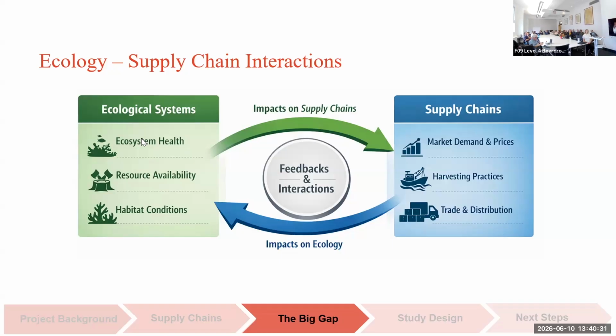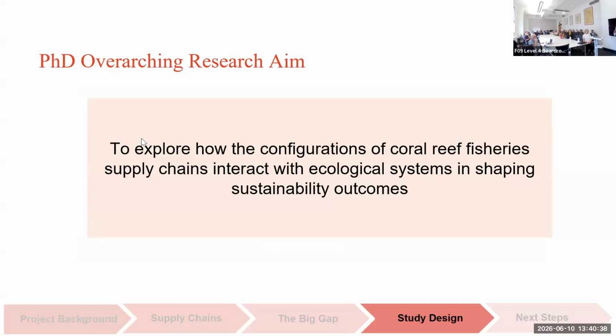So this is the thinking that has led me to my PhD overarching research aim, which is to explore how different configurations of coral reef fishery supply chains interact with ecological systems in shaping sustainability outcomes.